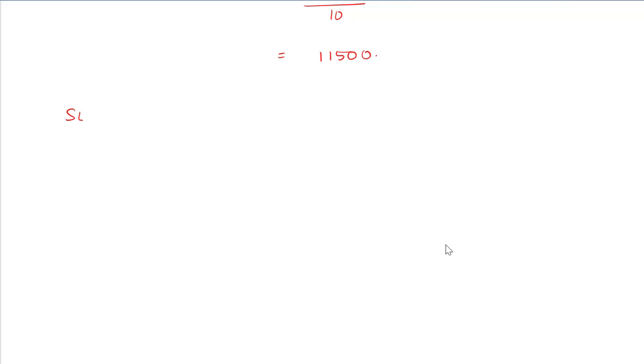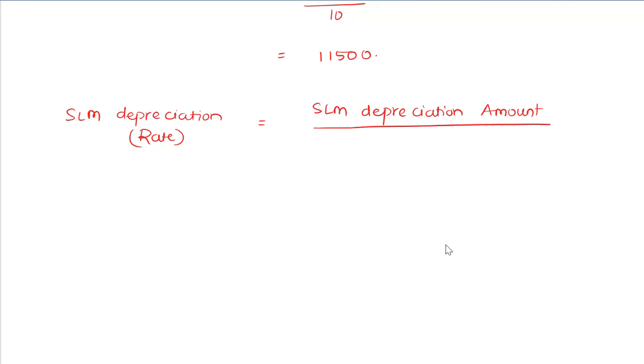The next is SLM depreciation rate. Let us calculate it. SLM depreciation rate equals SLM depreciation amount divided by original cost and multiplied by 100.